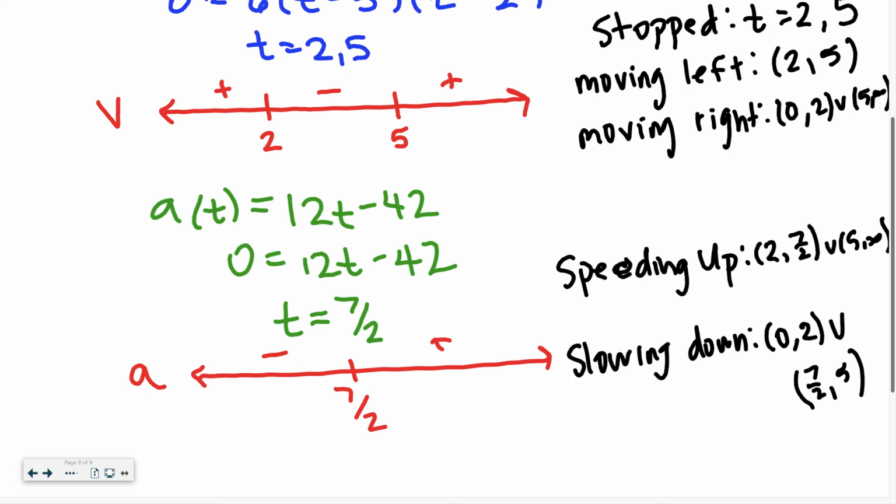Okay. In your homework, there's also going to be a problem that asks you to look at a chart. There's going to be problems that ask you to look at position graphs. There's going to be problems that ask you to look at velocity graphs. And then there's going to be problems that ask you to look at equations.